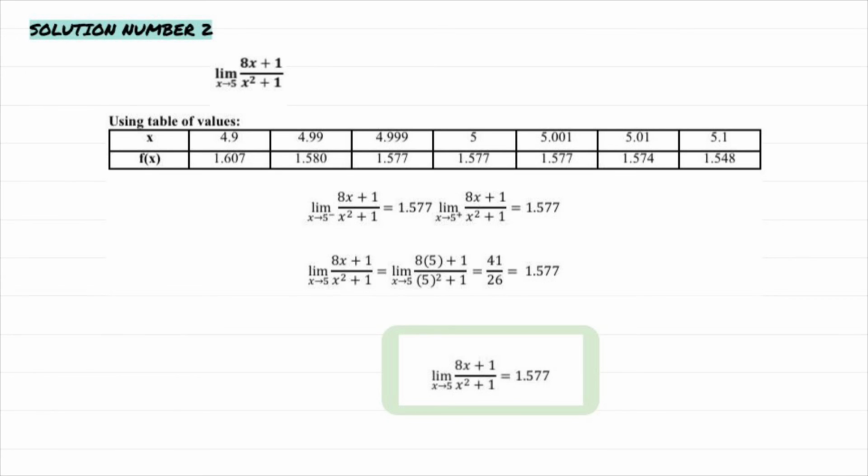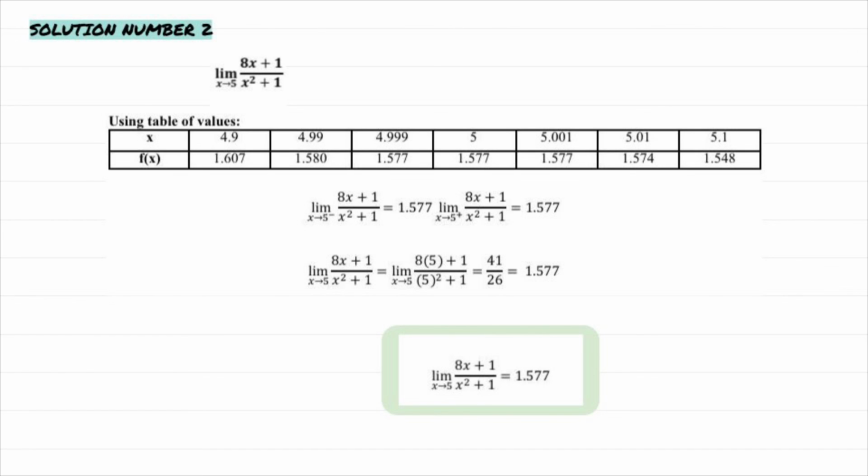We are going to get the answer of 1.607, and that is the f of x. So after substituting all of them, you're going to know that the limit as x approaches 5 from the left is equal to 1.577, and the limit as x approaches 5 from the right is also 1.577.